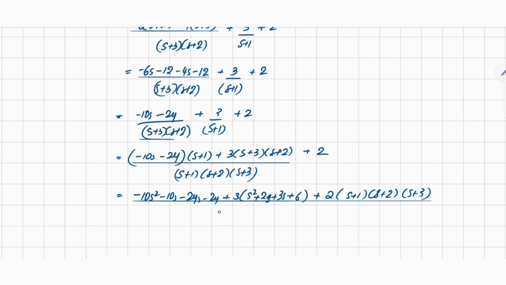We can begin simplifying the denominator too. So we have, let's start with the first two brackets. So we have s squared plus 1s plus 2s, so that gives us 3s plus 2, and we have s plus 3.